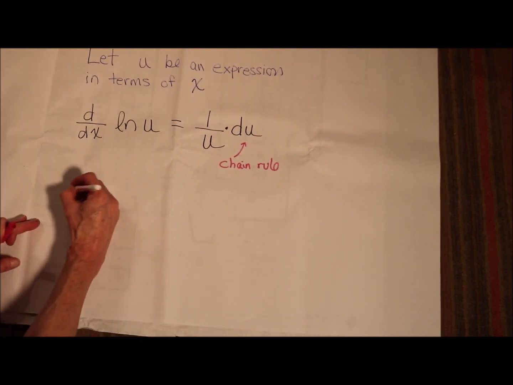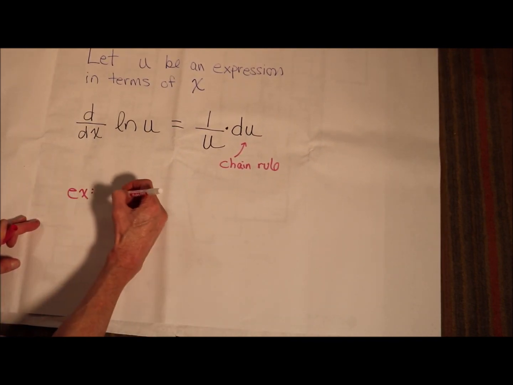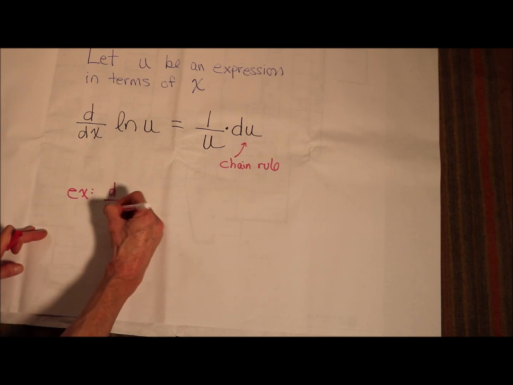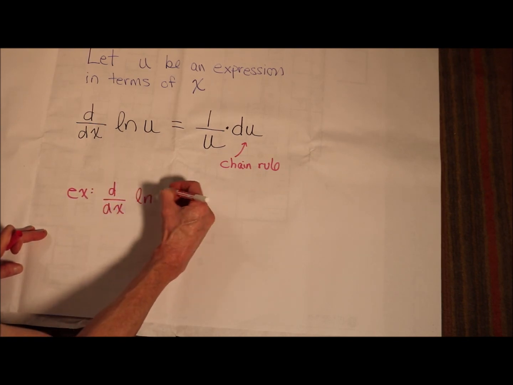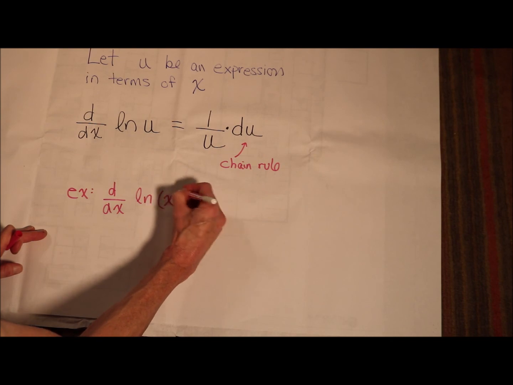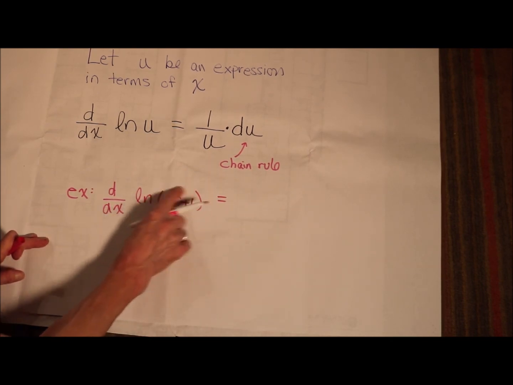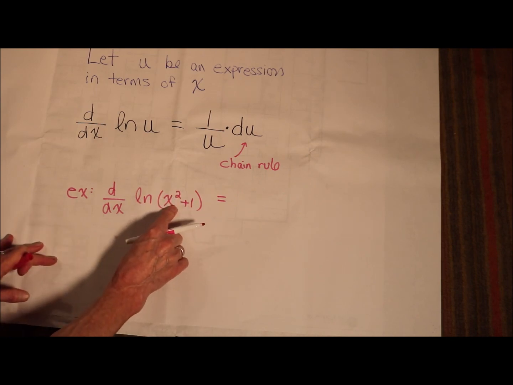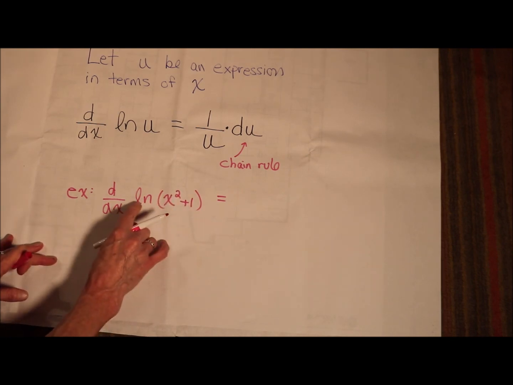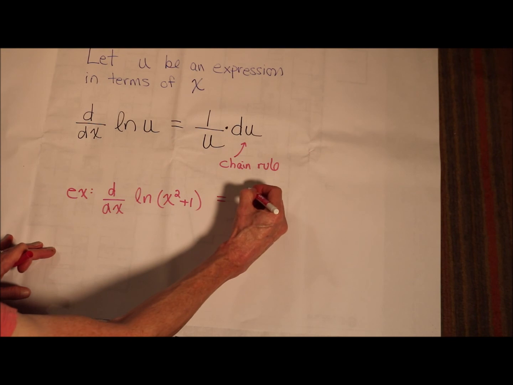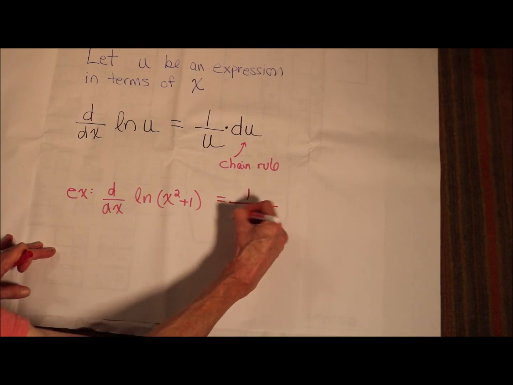So here's a quick example. If I want to take the derivative of the natural log of x squared plus 1. Okay, so here's my expression u in terms of x. So the derivative of the natural log of something is 1 over that something.